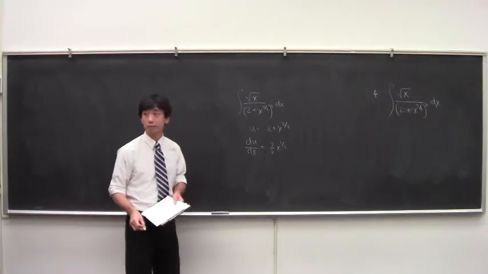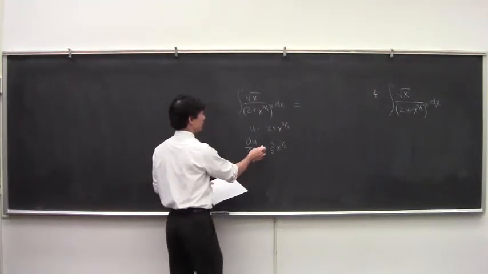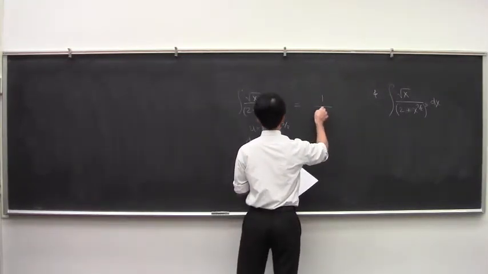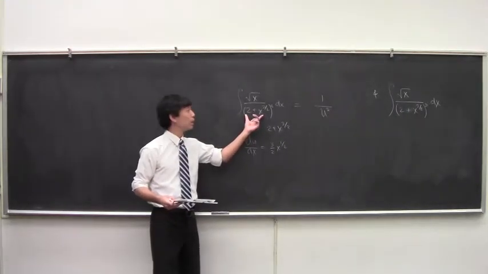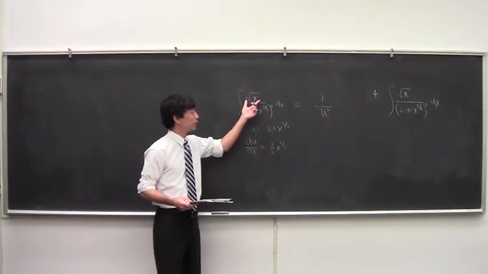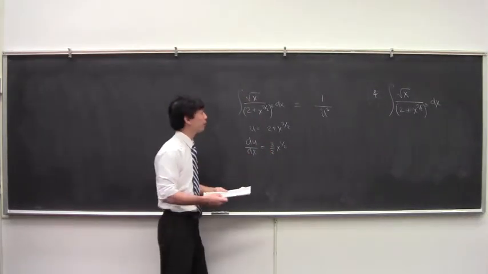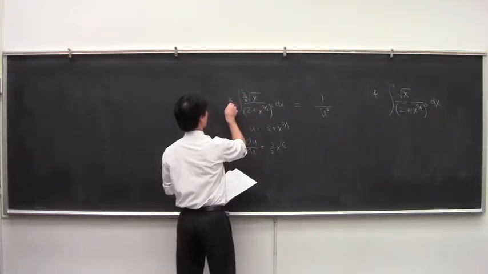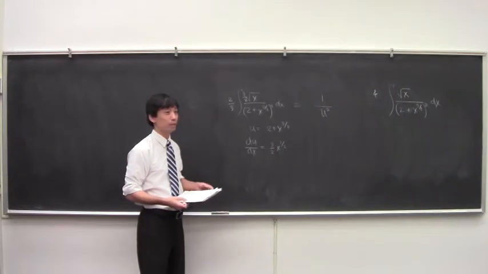Great. So right now I have a u cubed on the bottom, but I've only got the x to the 1 half. I'd like to have 3 halves x to the 1 half, so I make it 3 halves x to the 1 half, and throw in the 2/3 to make sure that's okay.